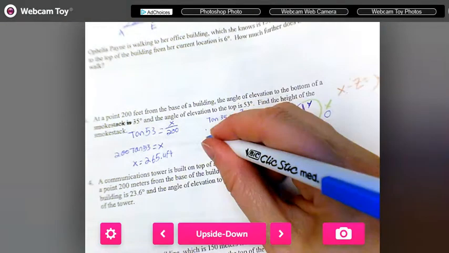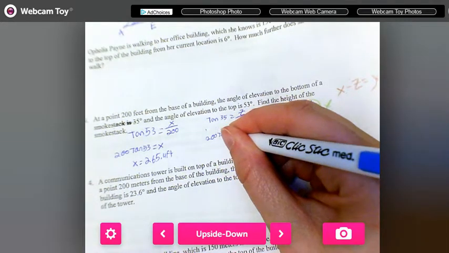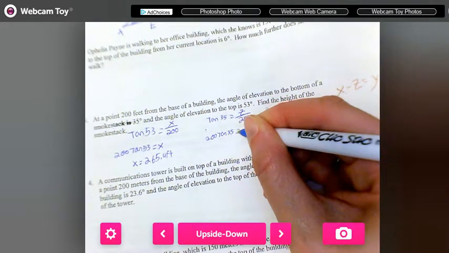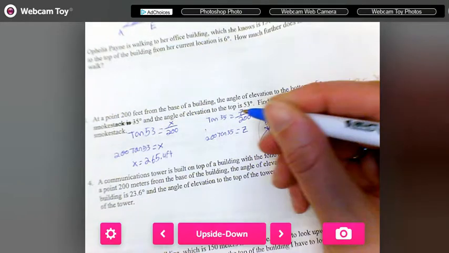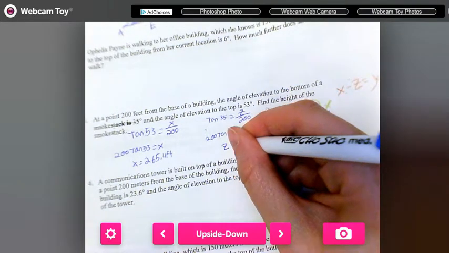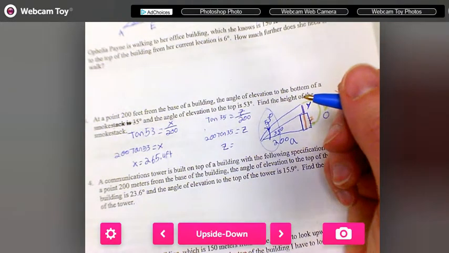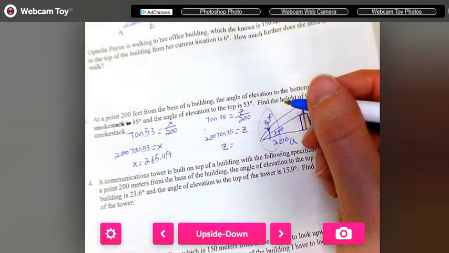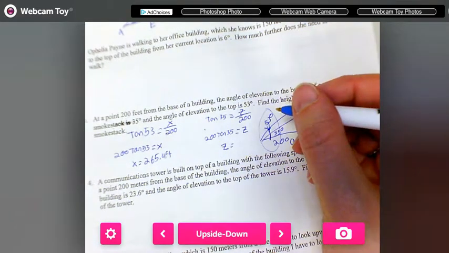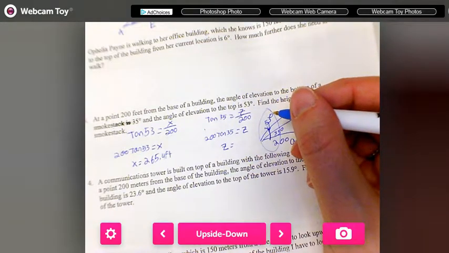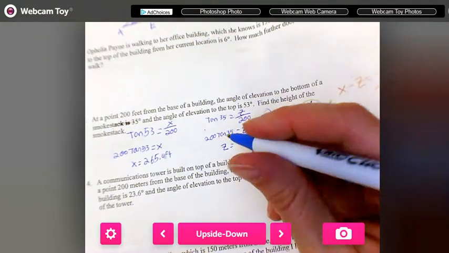So I'm going to get 200 tan 35 equals z. So z is going to equal, what do we get, guys? Somebody plug this in their calculator for me. 200 tan 35. What do we get? 140.04.